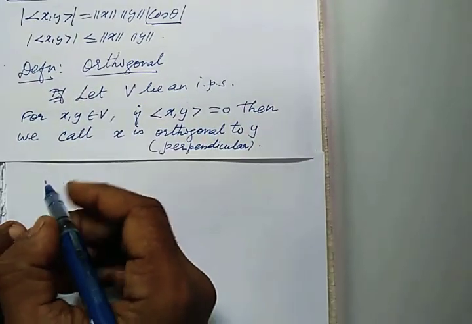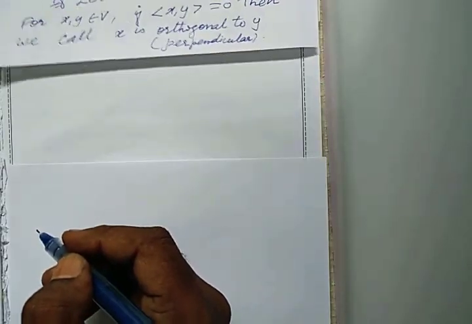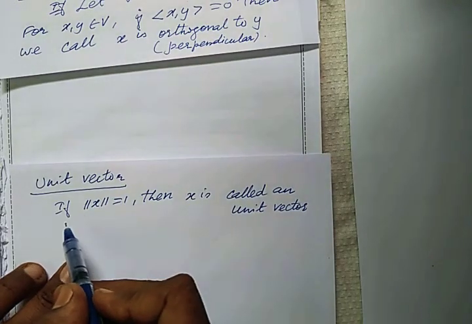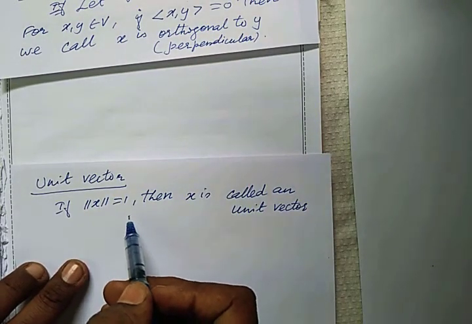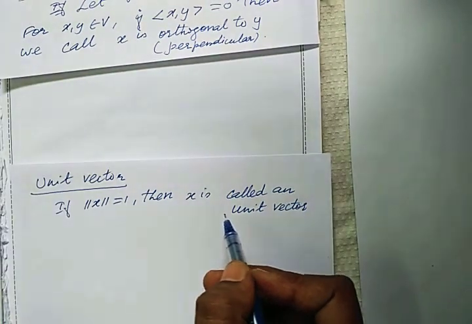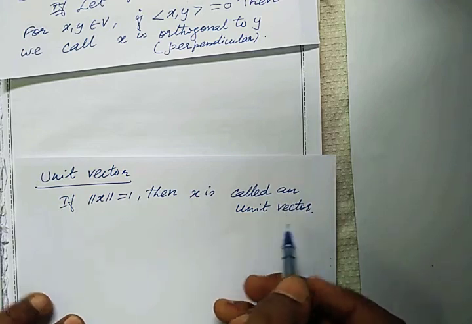Now let us see what is a unit vector. If norm x is equal to 1, then we call x a unit vector.